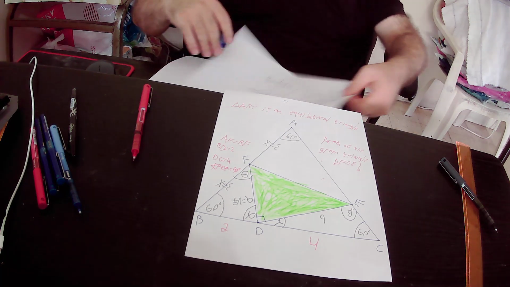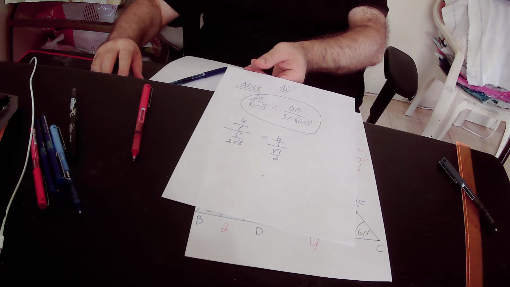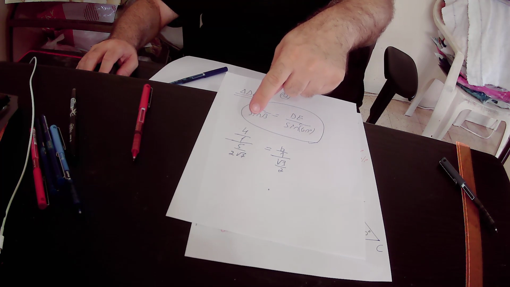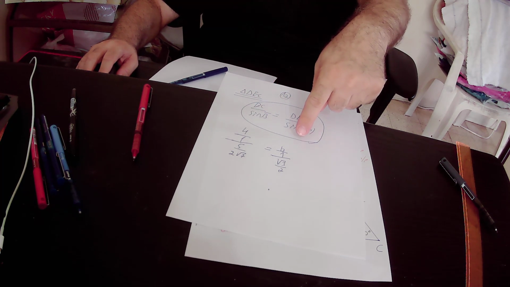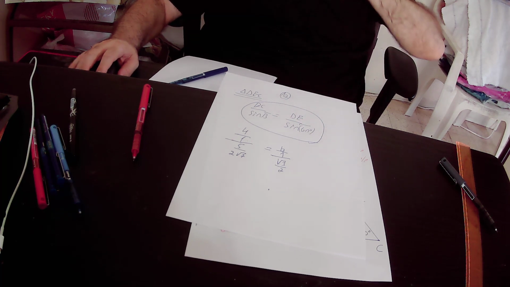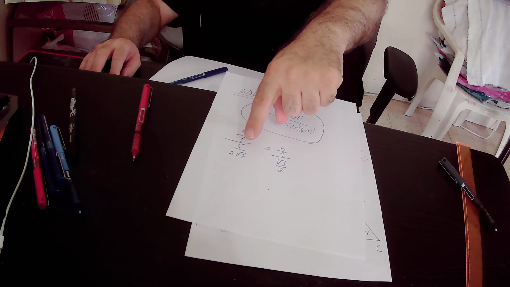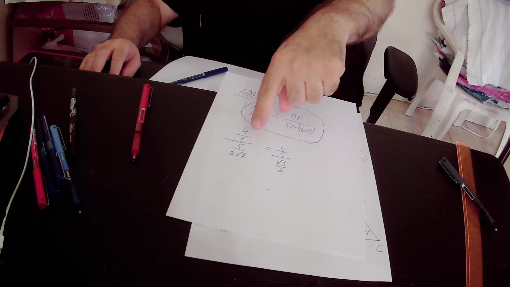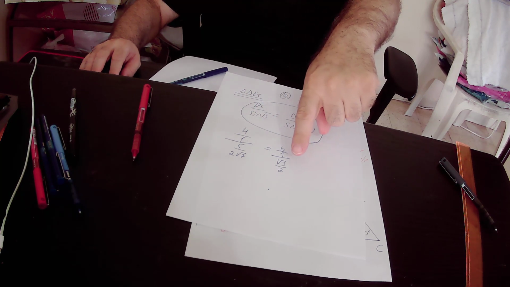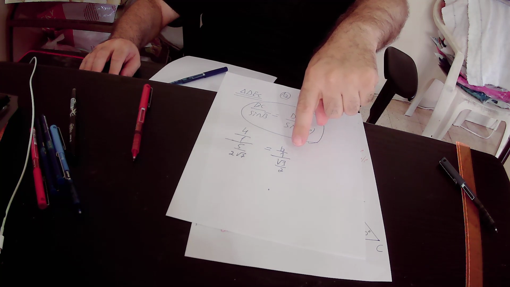So in total we got 4 over 5 over 2 times root 7 equals b over root 3 over 2. Here we can move 2 times root 7 to the numerator and 5 to the denominator, and here we can move 2 to the numerator and root 3 to the denominator.